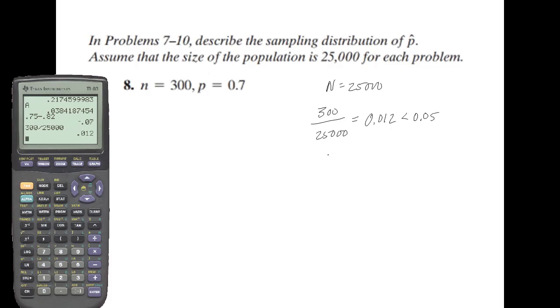That's good. And then the author also wants you to check n times p times 1 minus p. In this case, n is 300, and that has to be greater than or equal to 10. So p is 0.7, and 1 minus p is 0.3. So 300 times 0.7 times 0.3 gives me 63, and 63 is greater than 10.